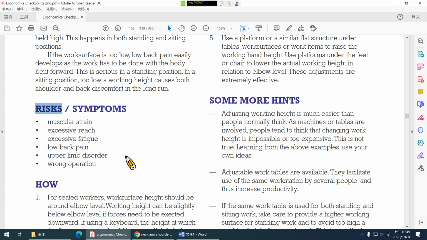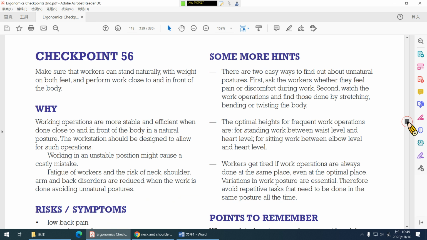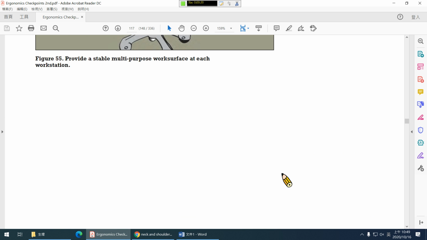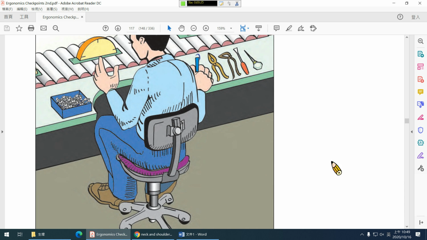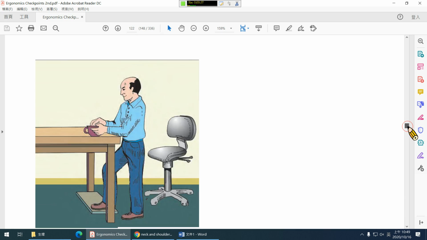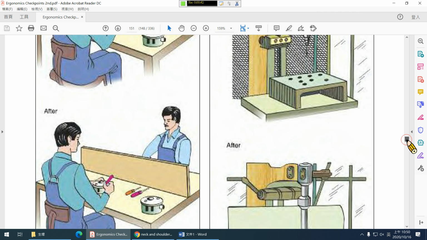Oh, okay, let's come back to look at checkpoint. Okay, I think my walkthrough for this checkpoint will stop here, but there are a lot of interesting things.